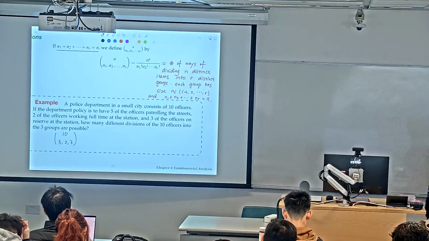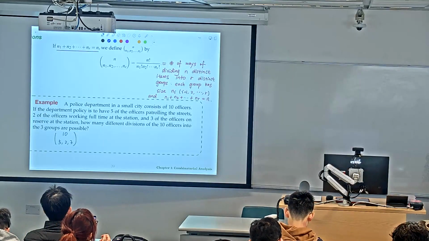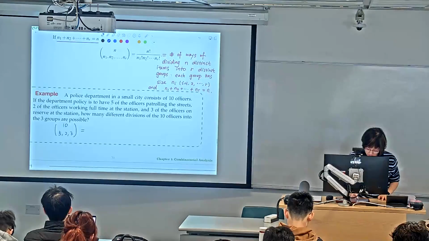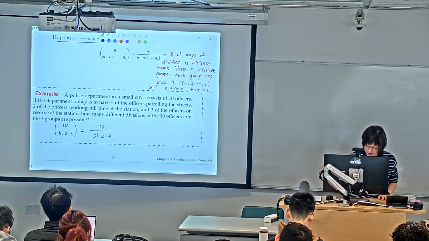Also, I want to mention that if you permute the numbers, say you write n choose n2, n1, this does not change the value because they have the same expression. So you can further simplify it if you want.